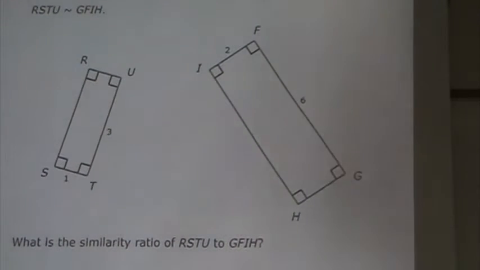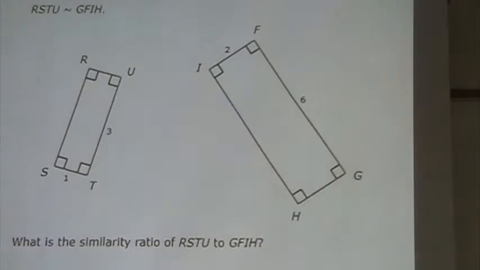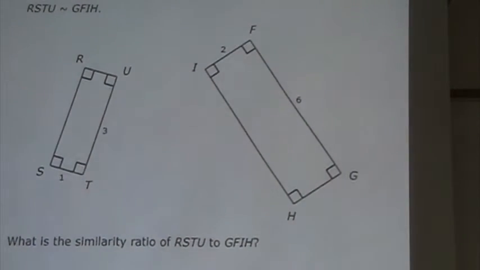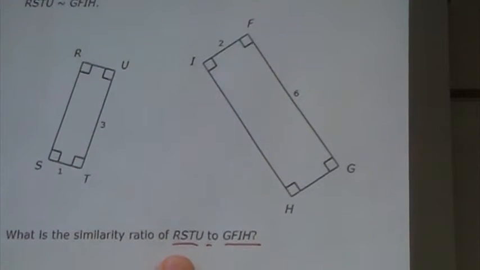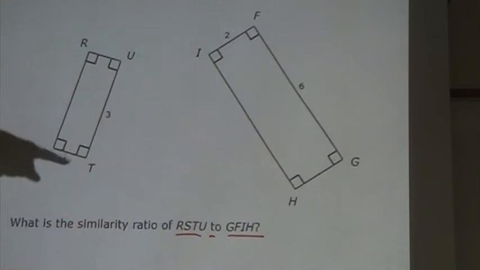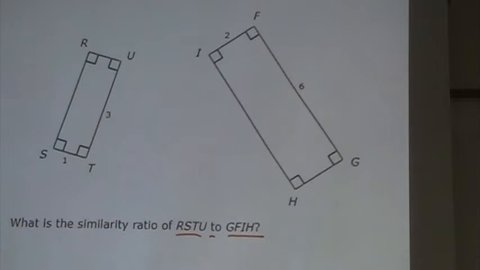So first ones, looks like the problem asks about similarity ratio. If you see that word, it has the same meaning as scale factor. So what you're going to do is identify which shape is first, which is RSTU, and then pick one side on RSTU that corresponds to one side on the other rectangle.